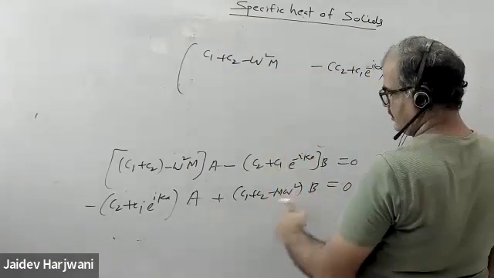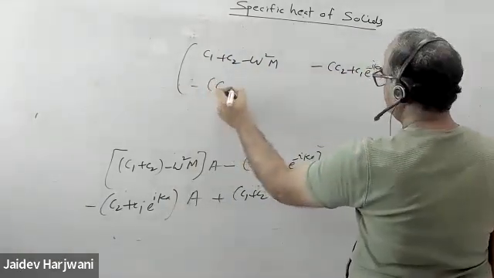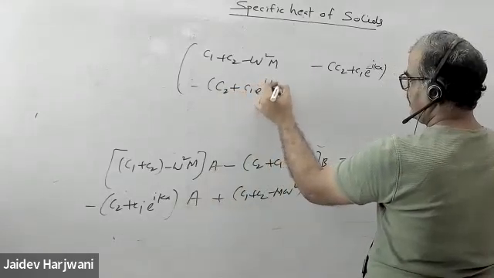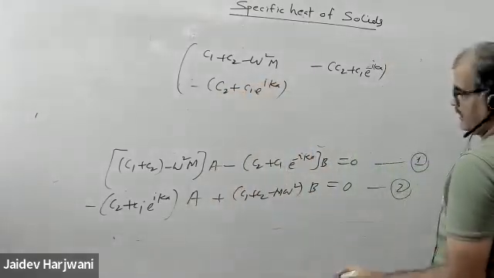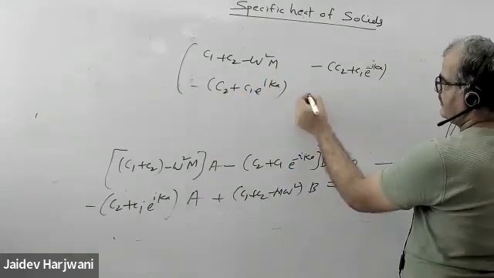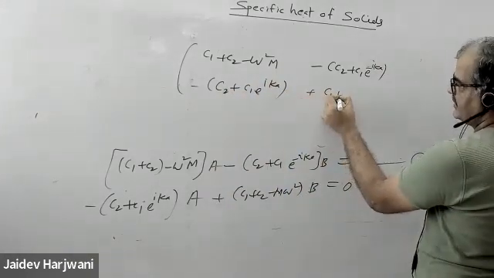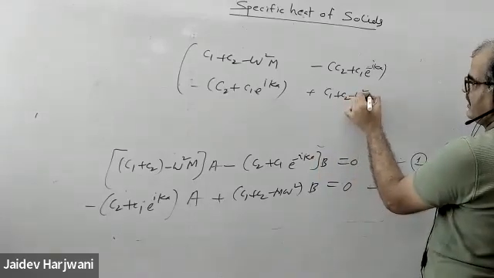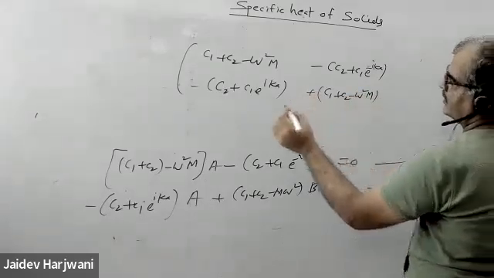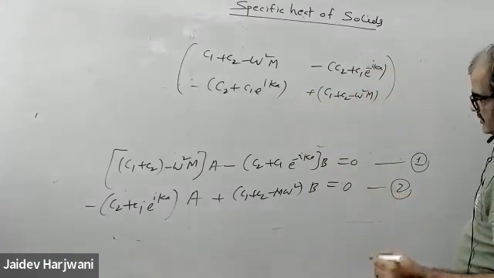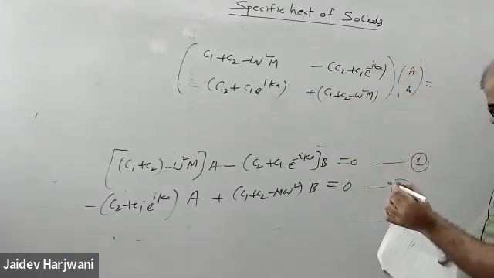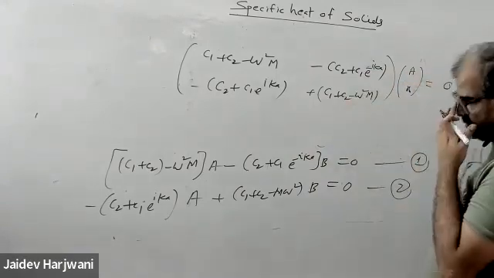And here you have minus C2 plus C1 e power iota k, and here you have C1 plus C2 minus omega square m. These are the four terms, A and B, and this should be equal to 0.